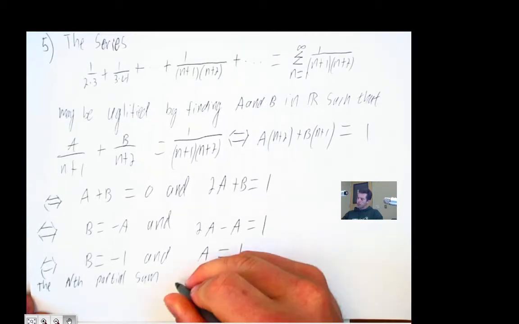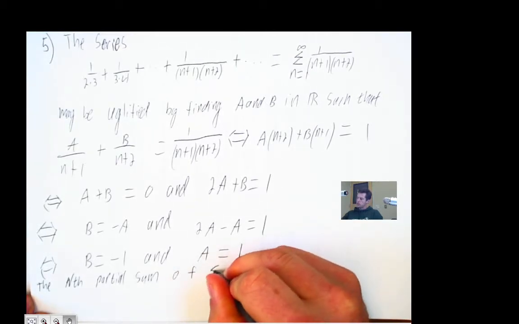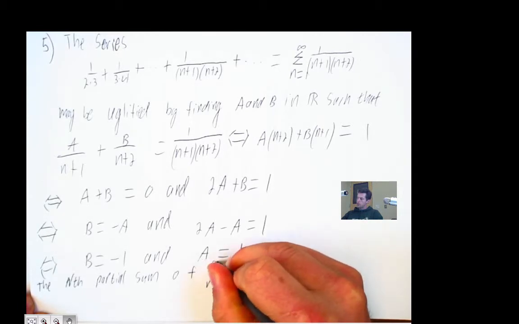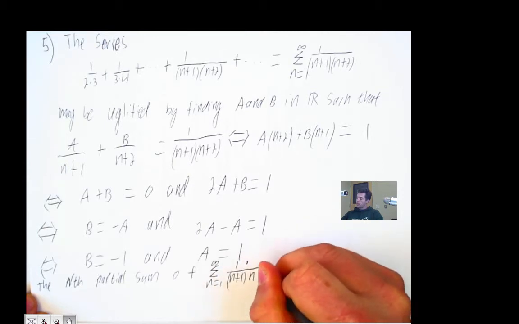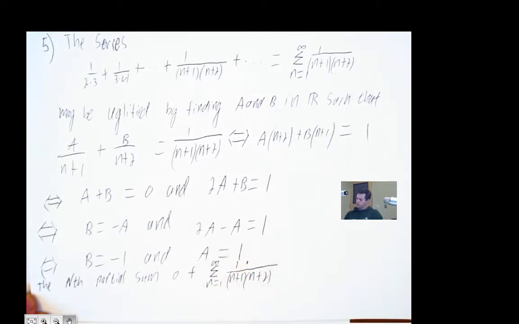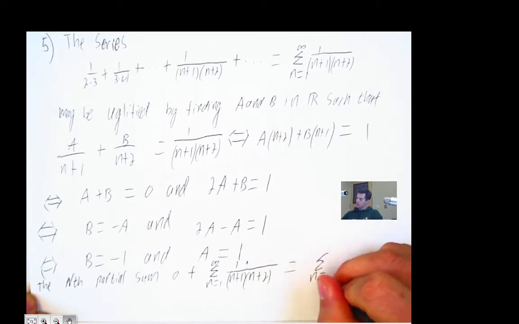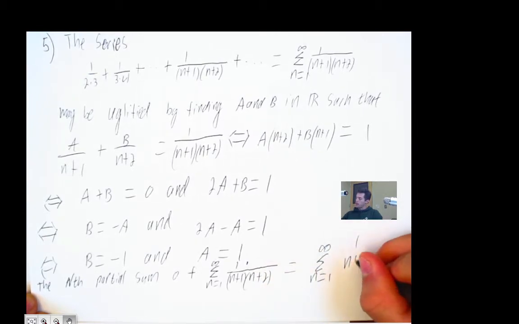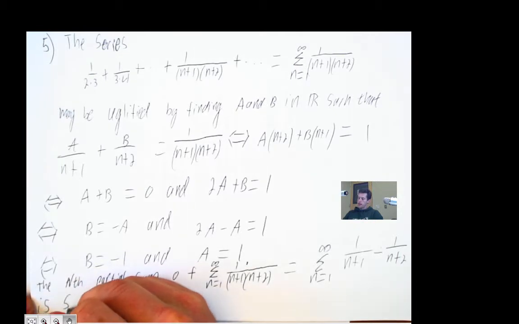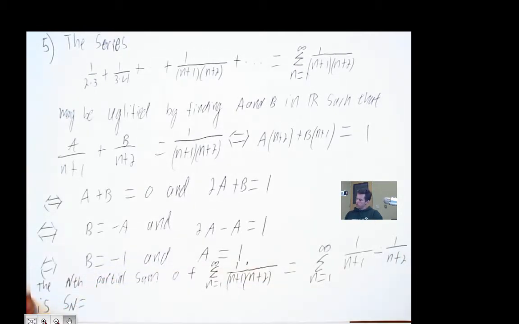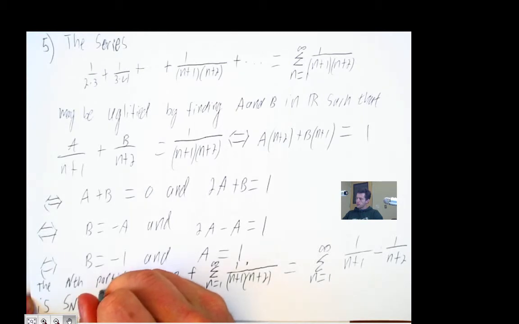The Nth partial sum of the sum from n equals 1 to infinity of 1 over n plus 1 times n plus 2, which is the sum of 1 over n plus 1 minus 1 over n plus 2, is S_N.